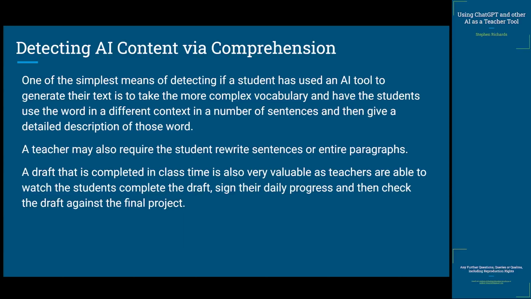So you can see that the work has been done in school, and you can see the timeline of how many days it's taken them, rather than going home and writing the whole thing out at once. This allows you to keep a bit of a track on it. Annoyingly, it does mean that they can't do certain things at home, but that is unfortunately a bit of the world that we live in now, where we're going to have to make some alterations to our practices.